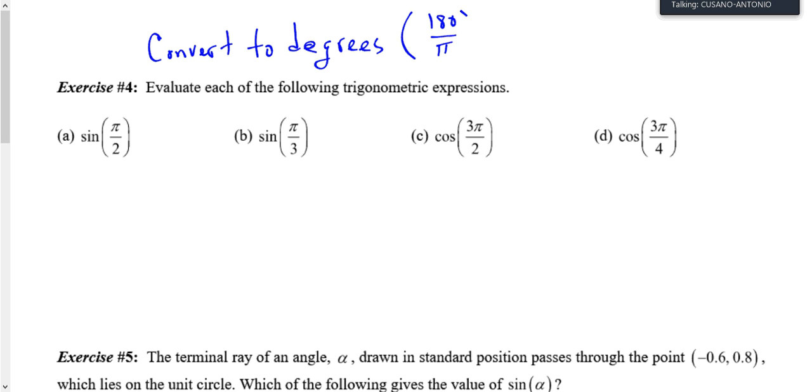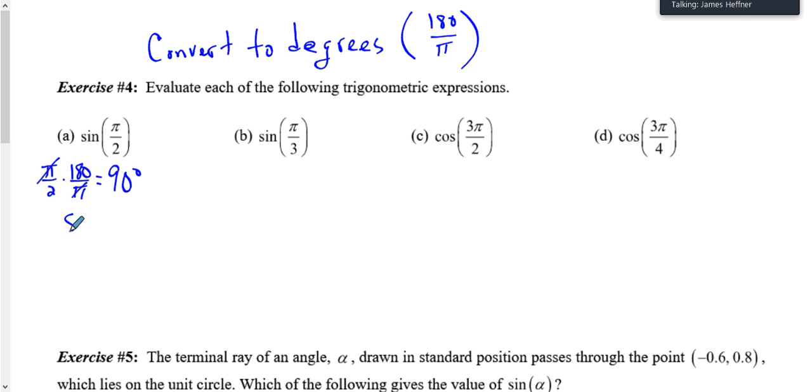We multiply by 180 over pi. So the sine of pi over 2, it'd be nice to know how many degrees that is because we got a chart in degrees, don't we? So pi over 2 times 180 over pi gives us what? It would give us 90.